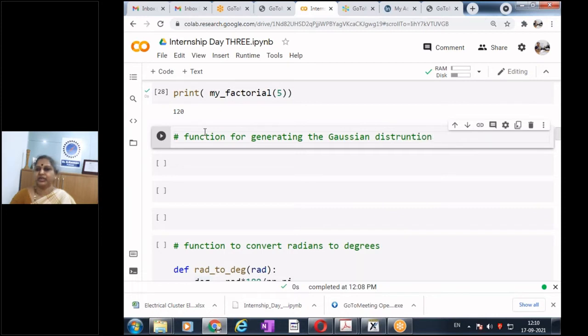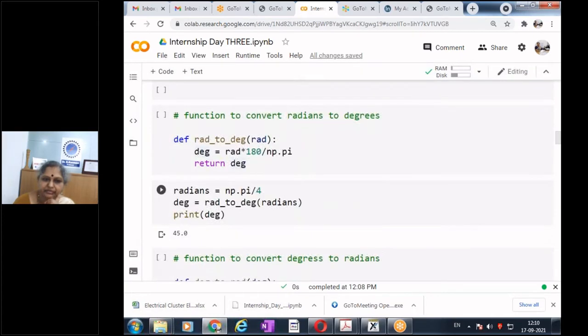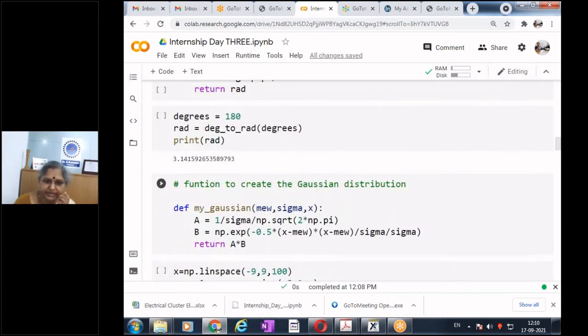Please write a function to generate the Gaussian distribution.